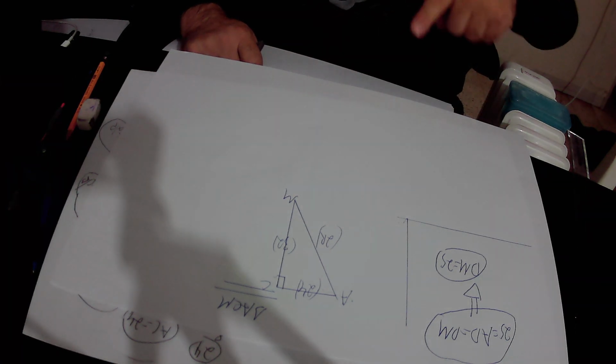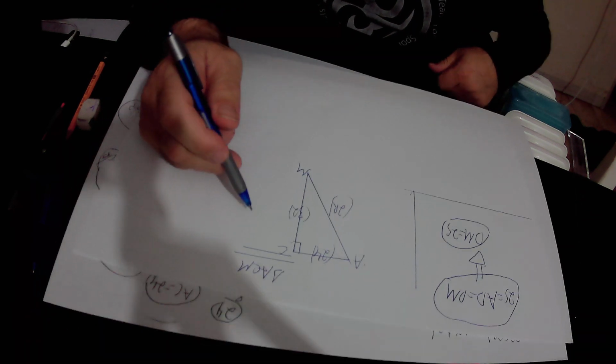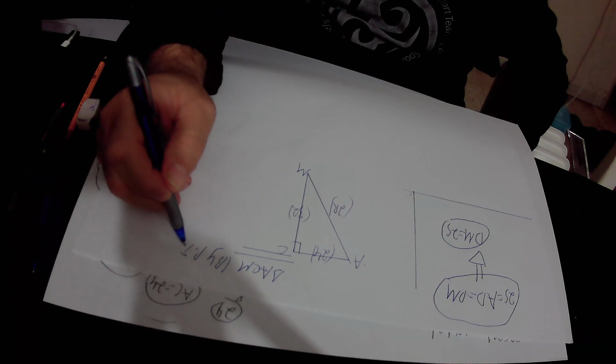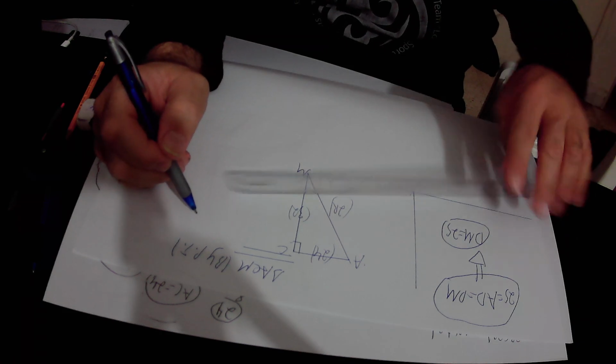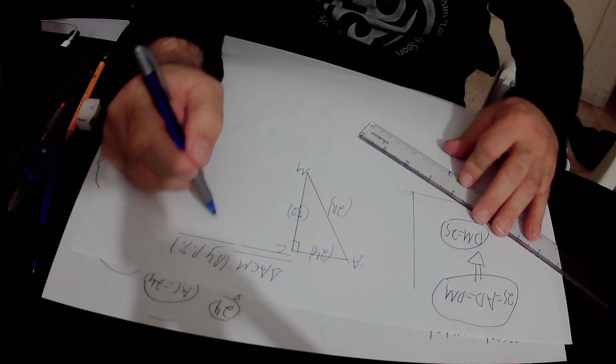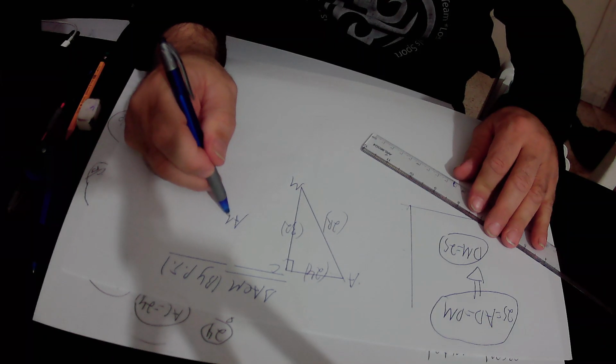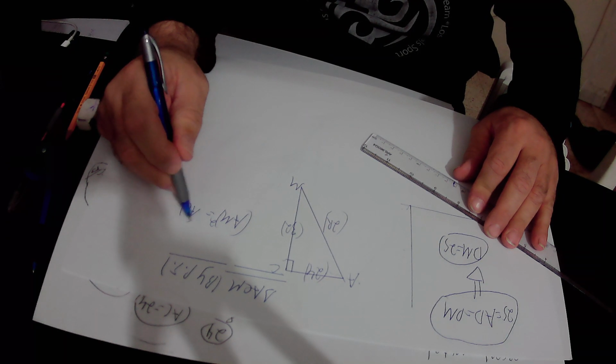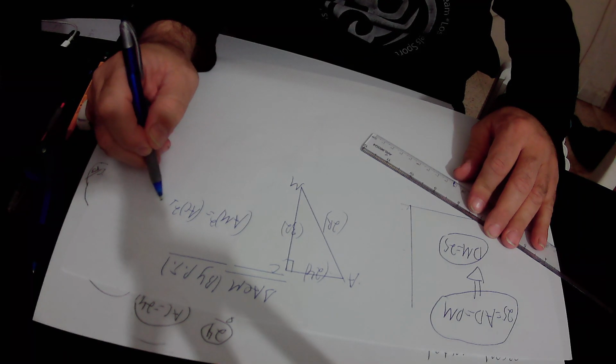According to the Pythagoras theorem, here PT is the abbreviation for Pythagoras theorem. In this right triangle, AM squared, that is the square of the hypotenuse, must equal AC squared plus CM squared.